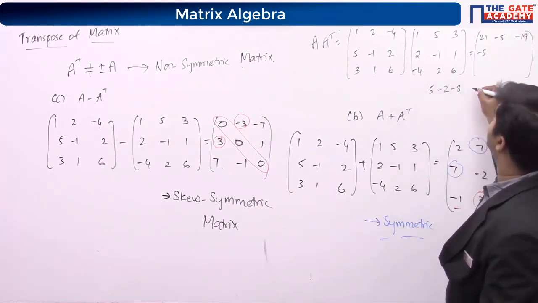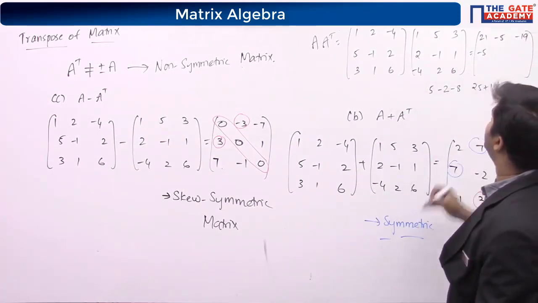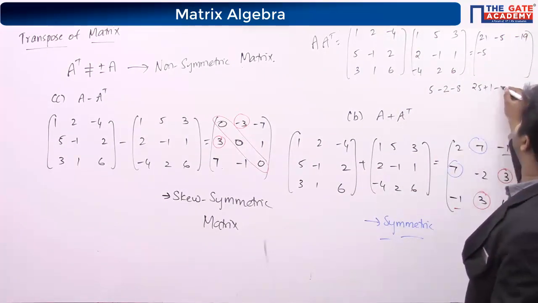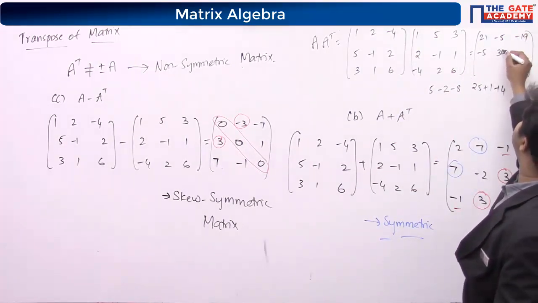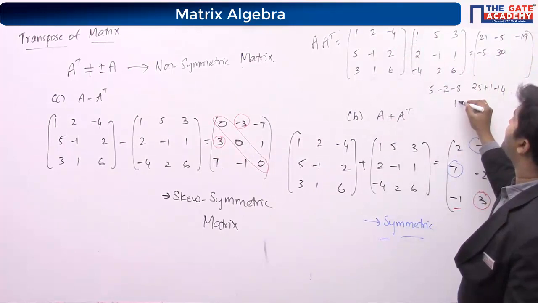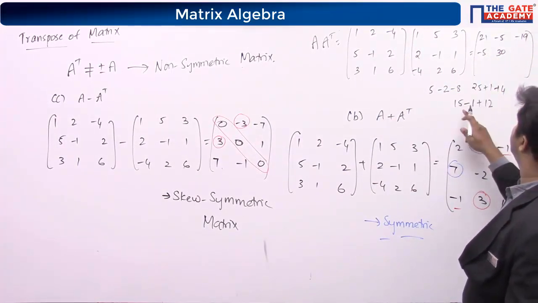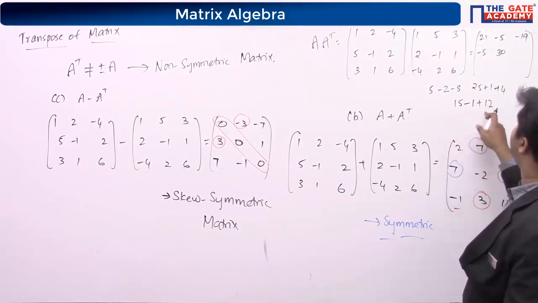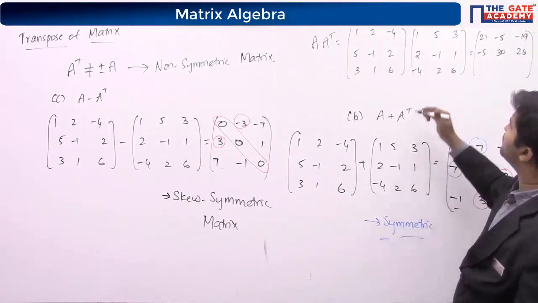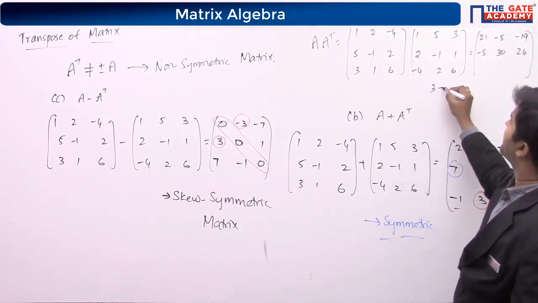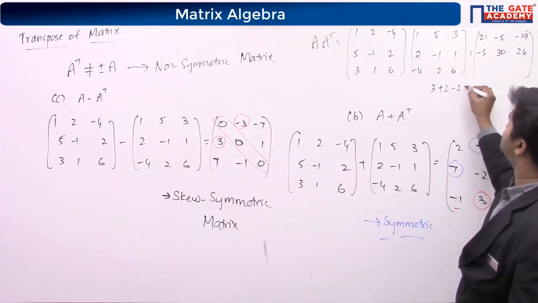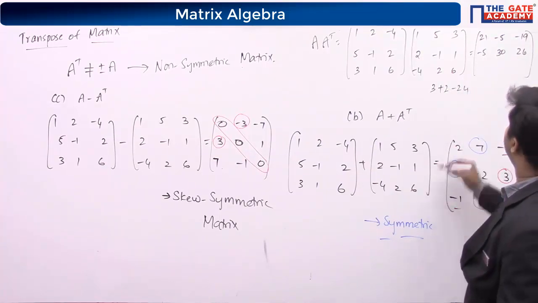And then I'm going to have 25 plus 1 plus 4, which is 30 here. And then 15 minus 1 plus 12. So what is this number? It's going to be 26. And the last one, 3 plus 2 minus 24, so it is minus 19.